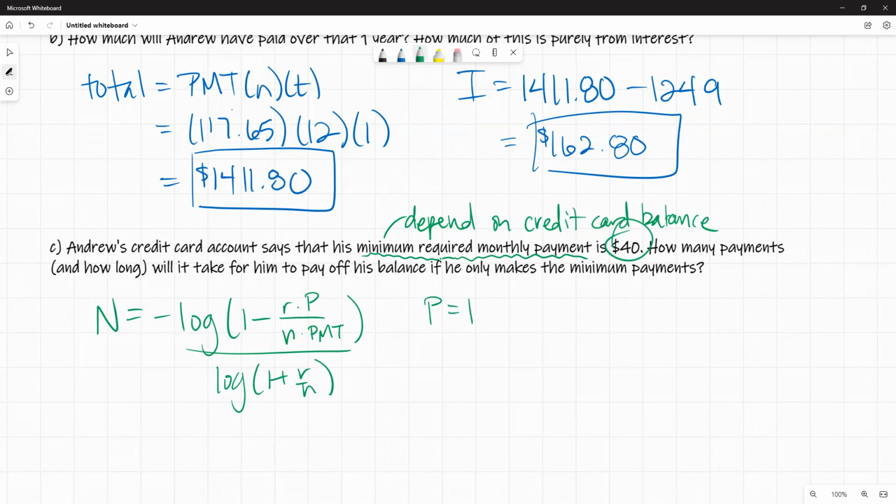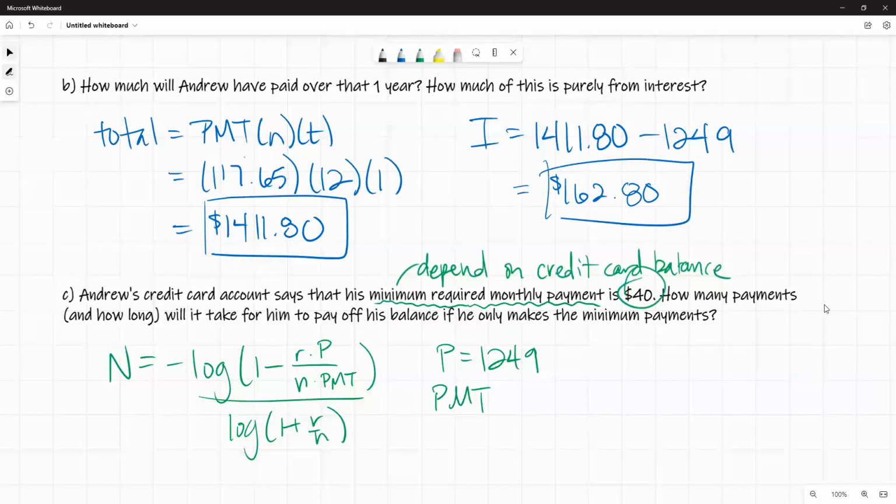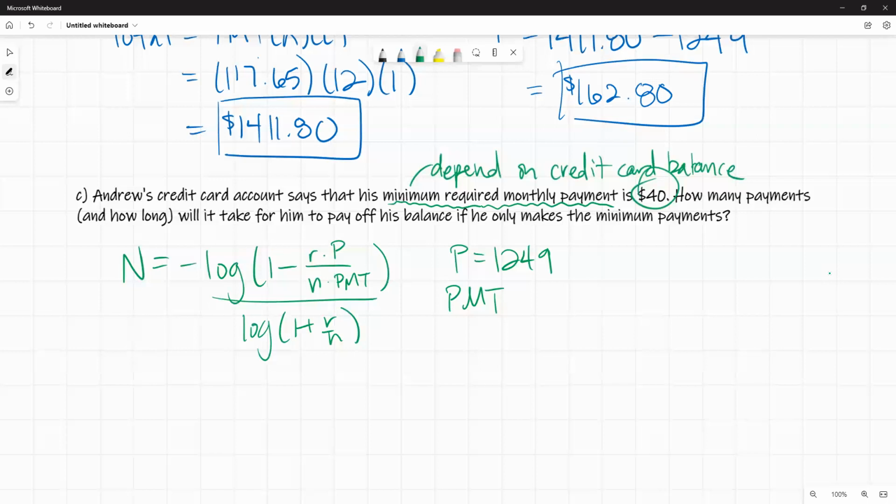Our P is still the same, it's 1249. Our PMT is no longer 117.65, it's now down to $40. So instead of making $117 payments, we're making $40 payments.